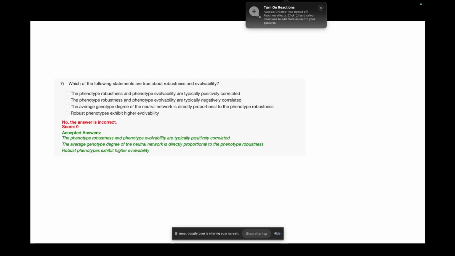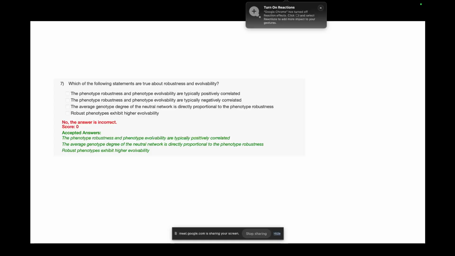Even if you delete one of the paths, you can still travel if your network is robust and it has a high degree. So that is also true. And generally, robust phenotypes exhibit higher evolvability, which is actually the same as the first option. But yeah, this is also true. So first, third, and fourth options are correct.